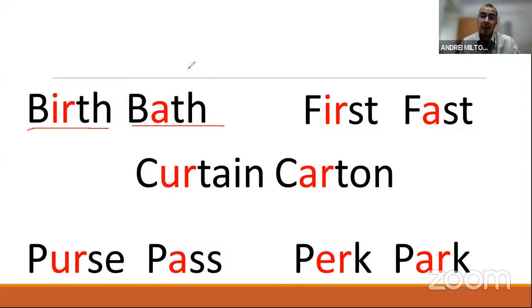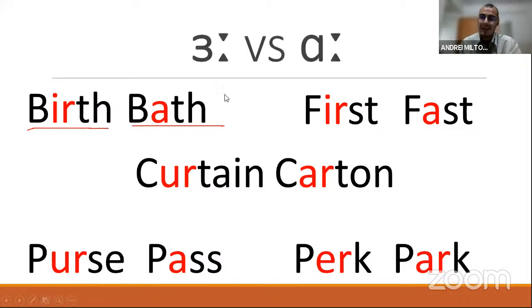Both of them are long sounds, right? It's like in bird, like in bath. So it's first, fast, curtain, carton, purse, pass, perk, park.